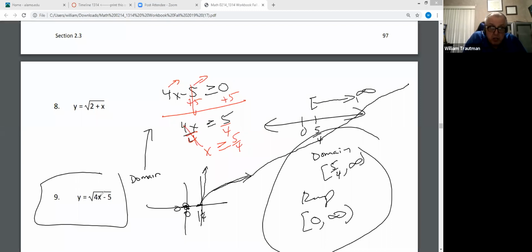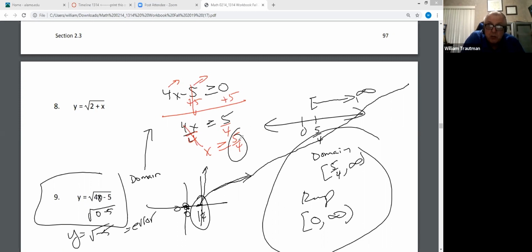If I put 0 in here, 4 times 0 is 0. 0 minus 5 is -5. The square root of -5 on my calculator says error. You can't take the square root of a negative number. That's why 0 is not part of the domain. The first number that doesn't give me an error on my calculator is 5/4.